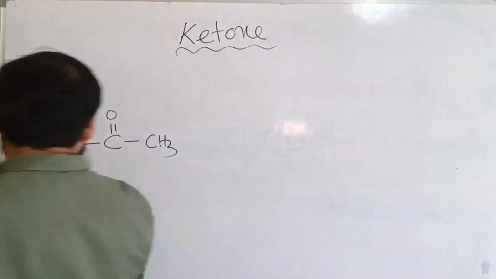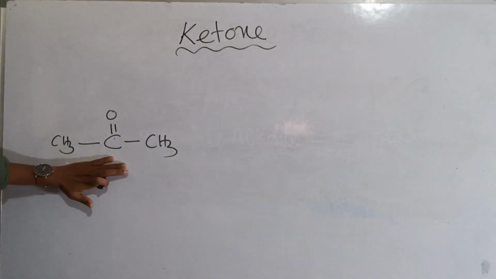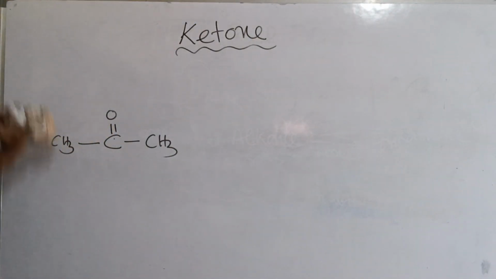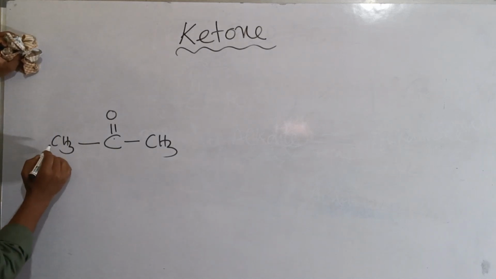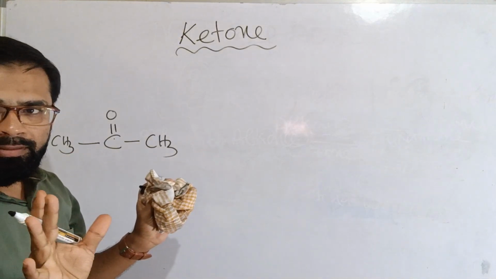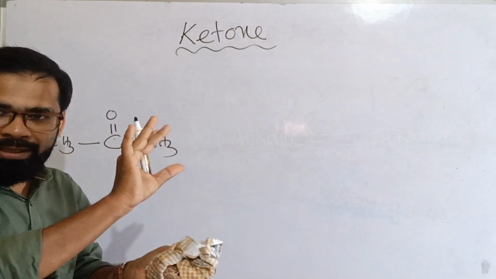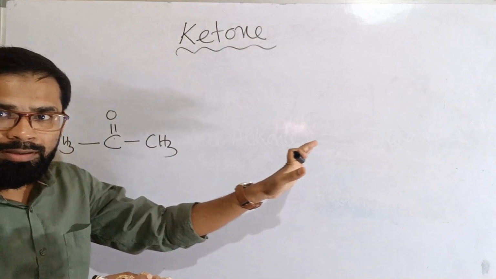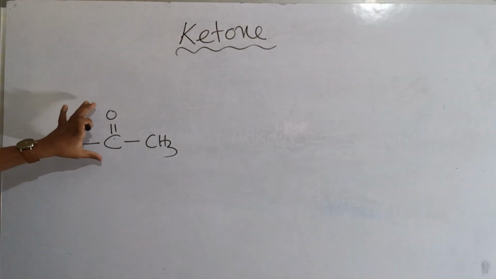What will be the name of this compound? So 1, 2, 3, 3 carbons, that is propane. You have to remove E, then add ONE, propanone. But you have to mention the position also.